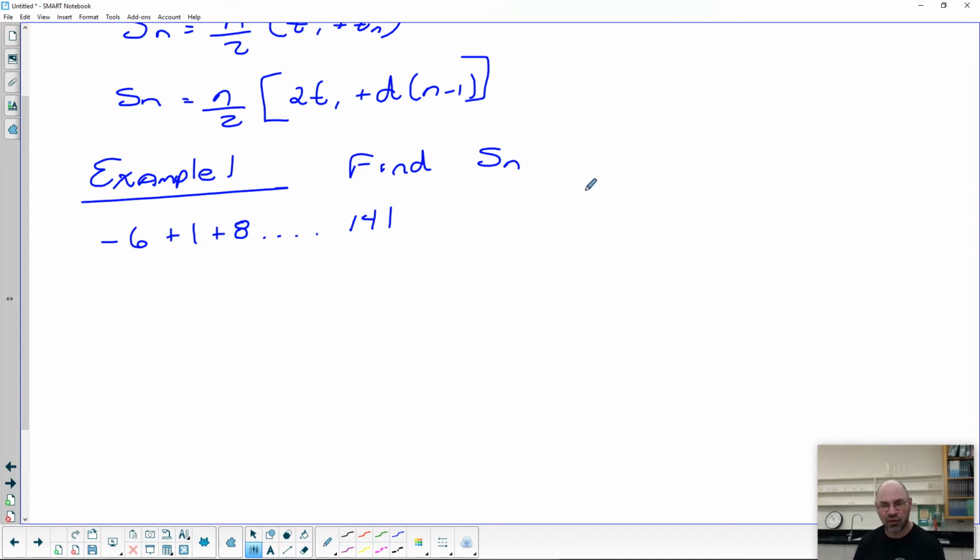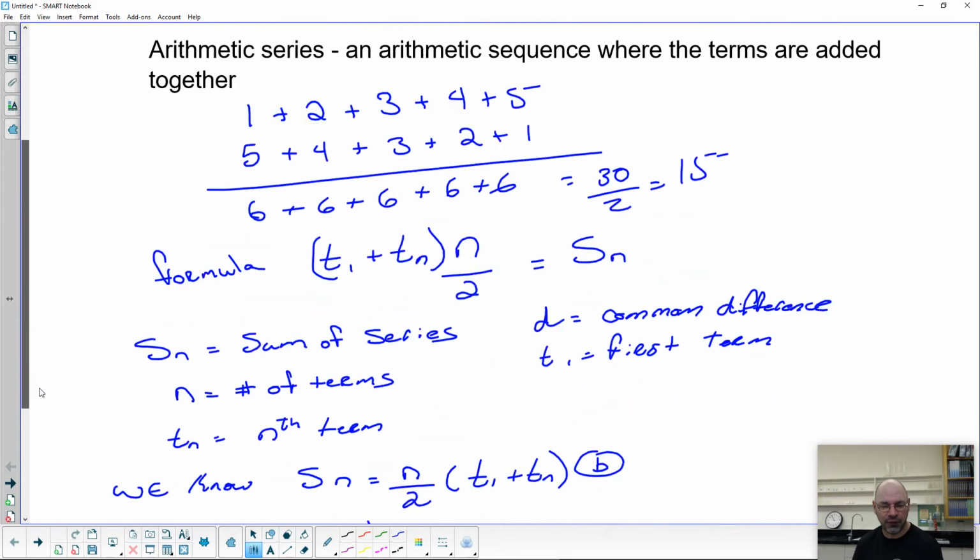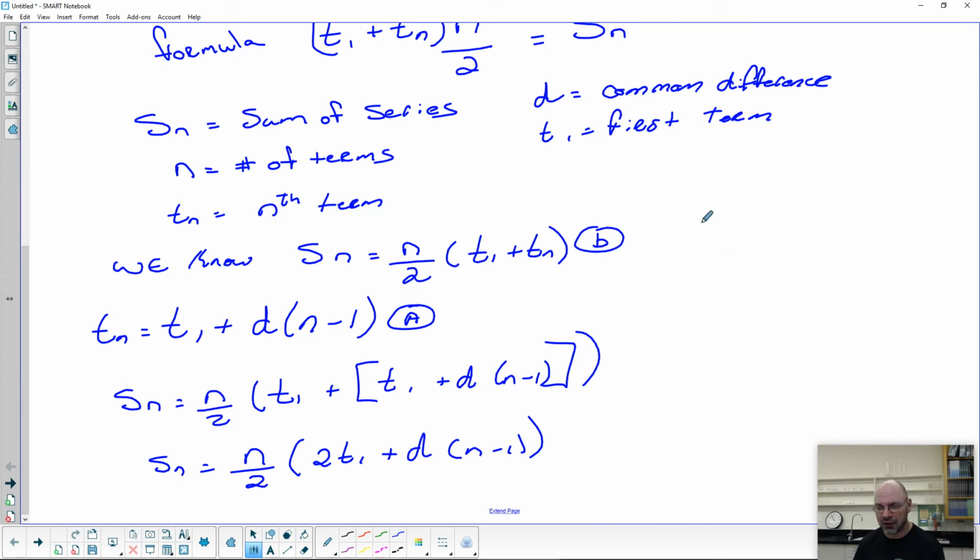Now, a series can also be, when we go back here, right? So an arithmetic series, I should have given you an example here of what they look like. I gave you 1, 2, 3, 4, 5. That's an arithmetic series added together. But an example might look like 2 plus 4 plus 6. Or you could have subtraction in there, so you might be subtracting as well.